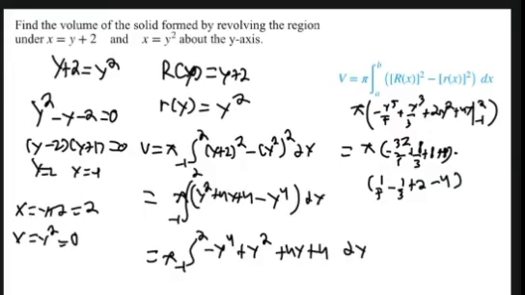This is just basic arithmetic, and we get 1 over 5 minus 1 over 3 minus 2. Now subtracting the lower value from the upper value gives 72 over 5. So the final value is 72 pi over 5.